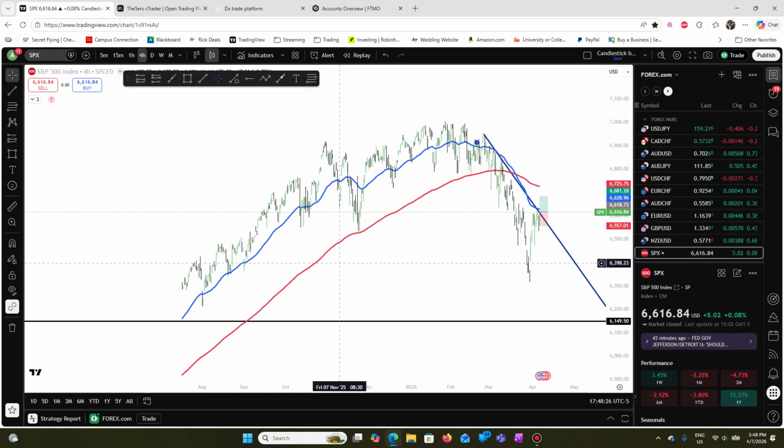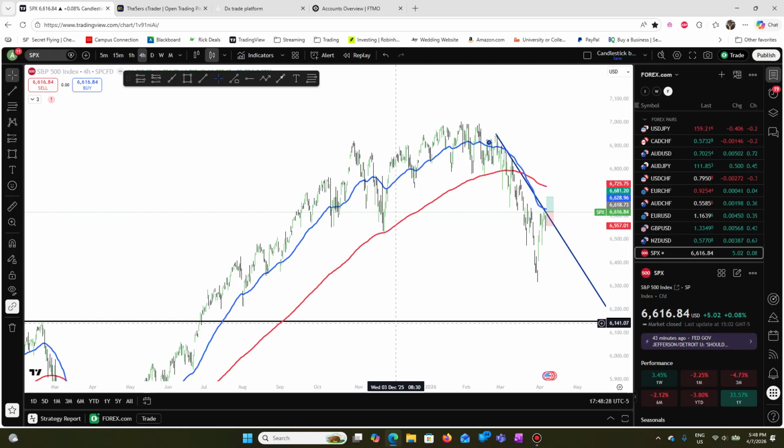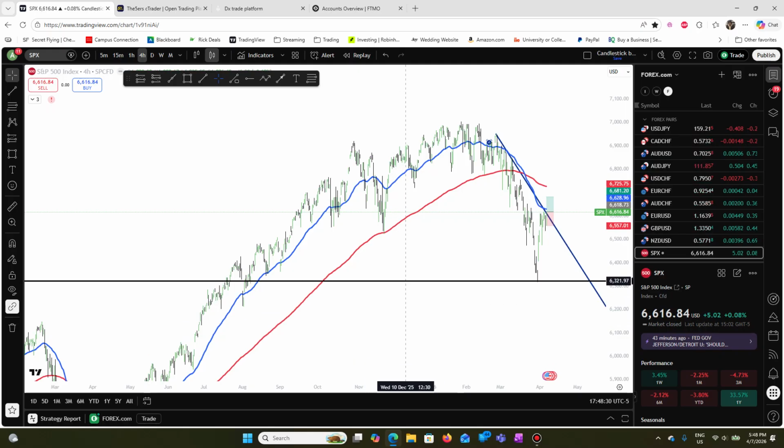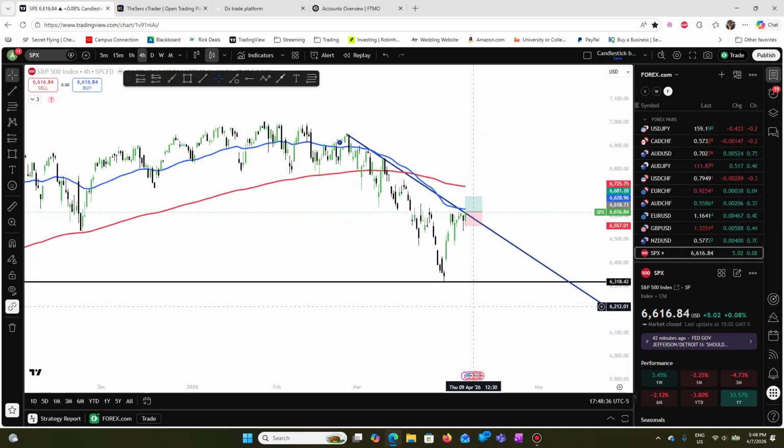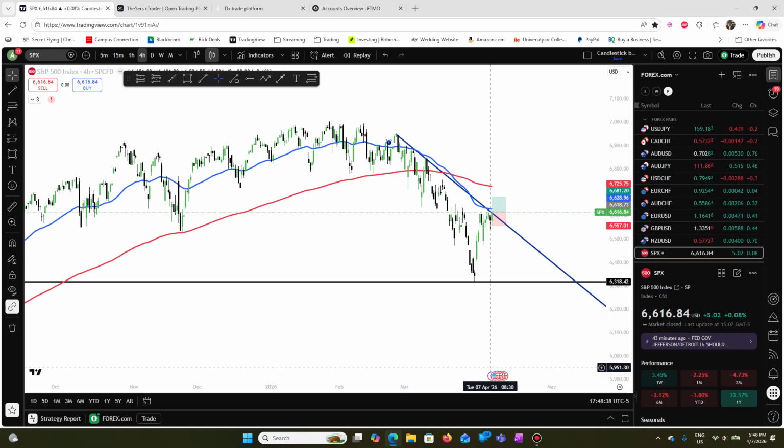It came back to this level, right there, after going down in the last 3 months. When did the falling start? February. So February, March, for the last 2 months it's been falling.